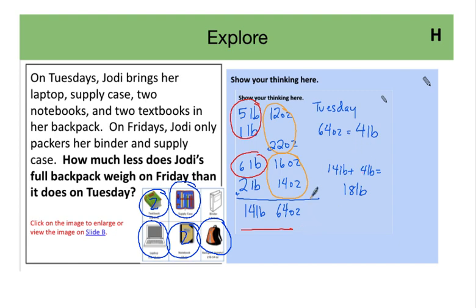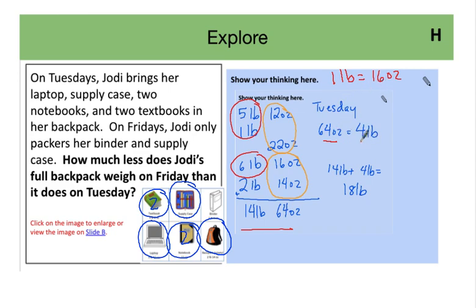Now I went ahead and converted the 64 ounces. So I did this in my head. Remember the relationship between pounds and ounces, I knew that 1 pound equaled 16 ounces. So when I doubled that, it gave me 32. And then when I doubled 32, it gave me 64.